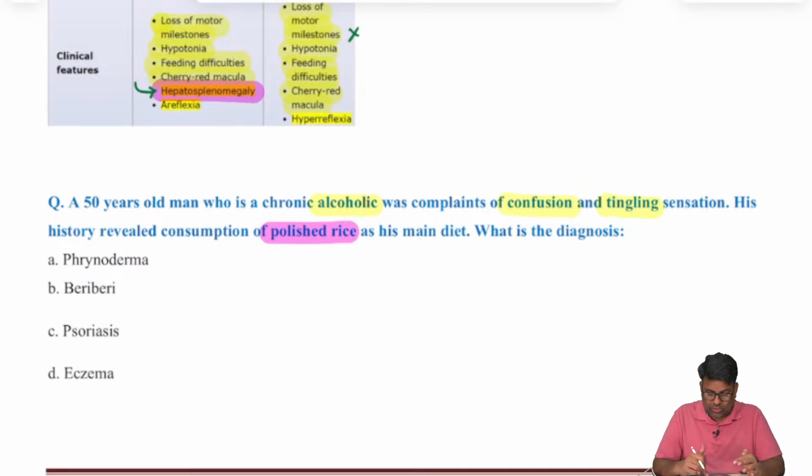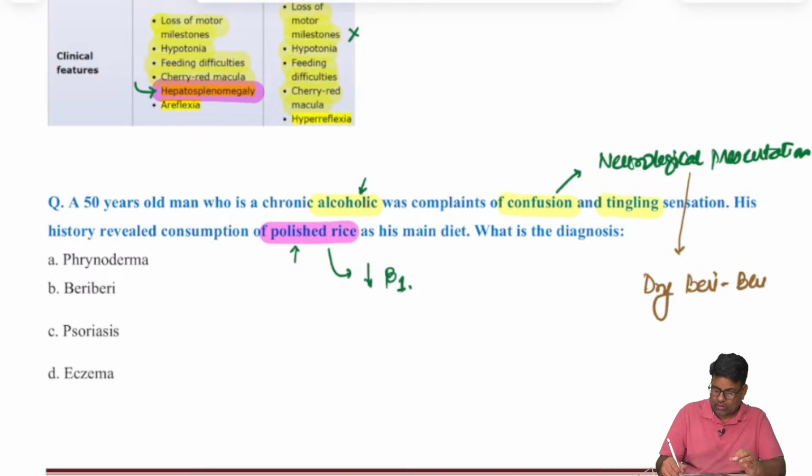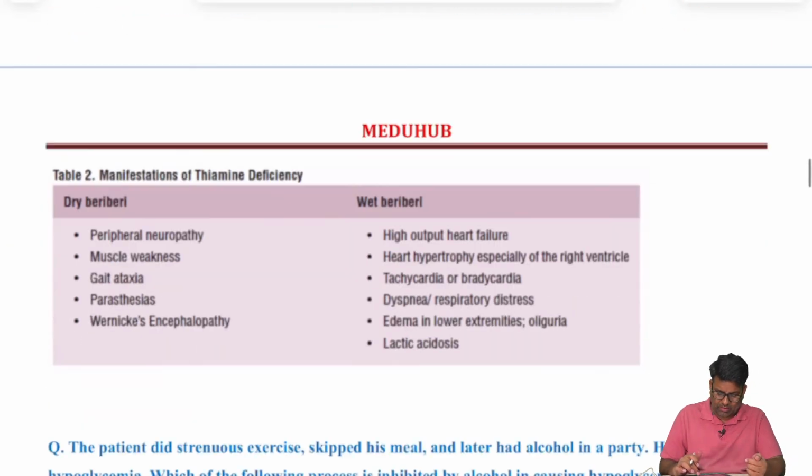Now, the word alcoholic might confuse you, but it is quite evident that this is a neurological presentation, and this is deficiency of vitamin B1. So this is dry beriberi, because we know that in wet beriberi there are cardiovascular manifestations. Therefore the answer would be option B, right?